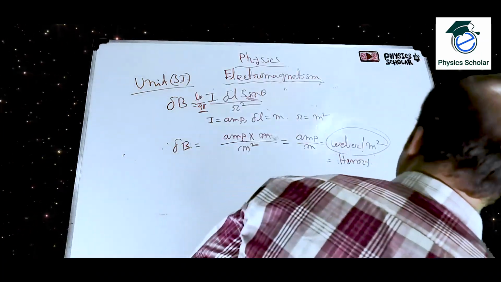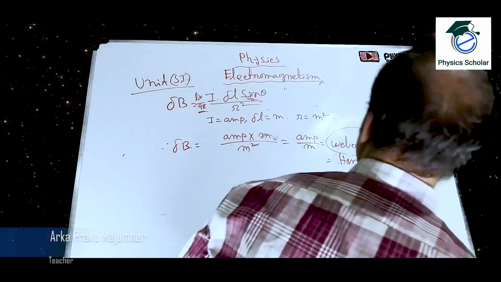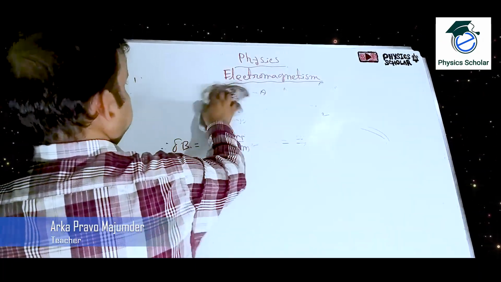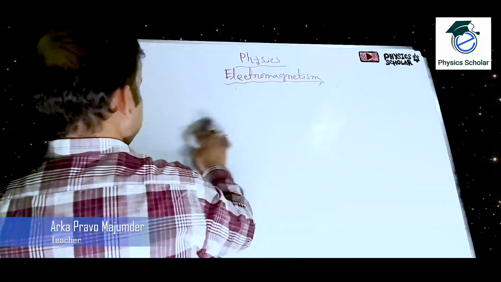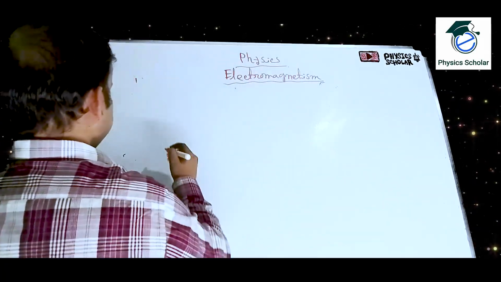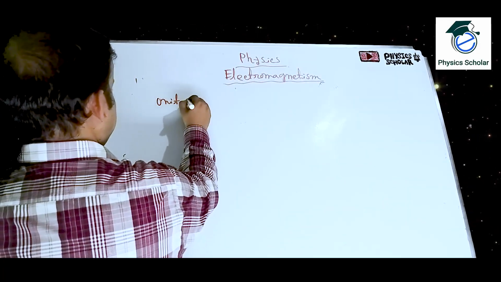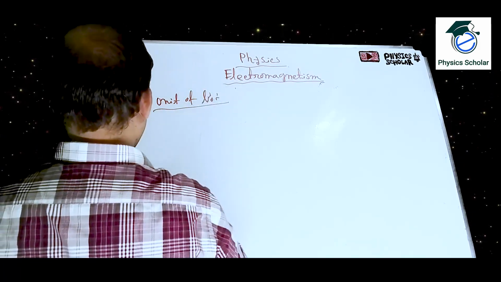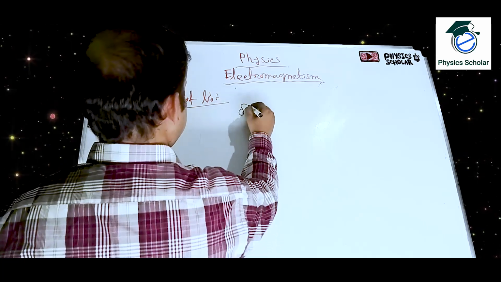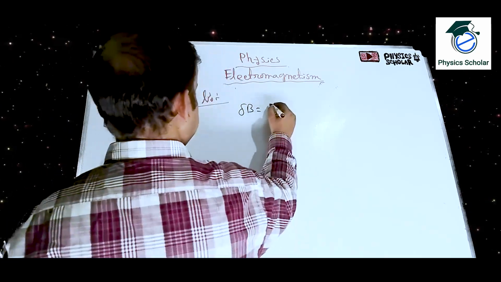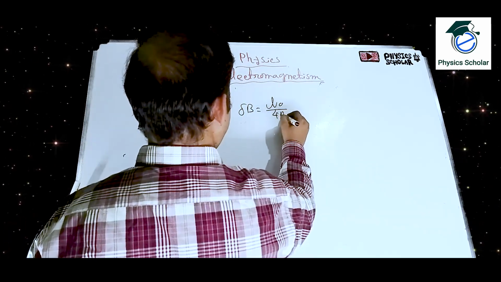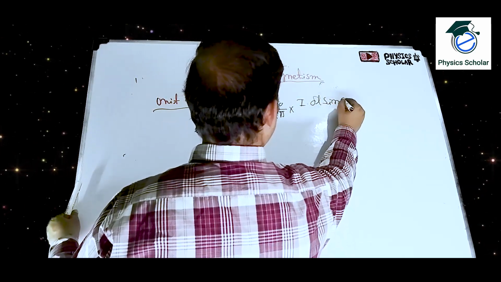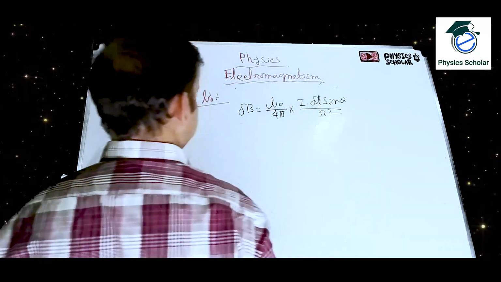Clear? Now, what will be the unit of mu 0? What we know? Delta B is equal to mu 0 by 4 pi into I into delta L sin theta by r square.